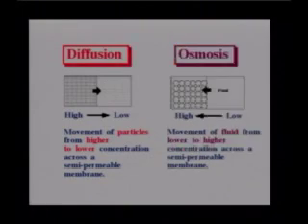Osmosis is the movement of fluid from an area of lower concentration to one of higher concentration, again across that semi-permeable membrane. If you'll notice at the picture with osmosis that those are great big circles. Think of those as albumin. And what happens is that albumin is too big to cross that semi-permeable membrane, so it pulls the fluid across.